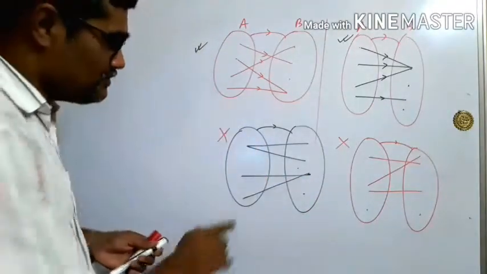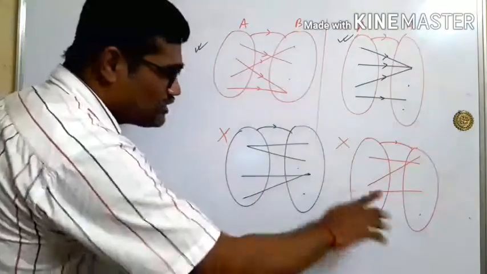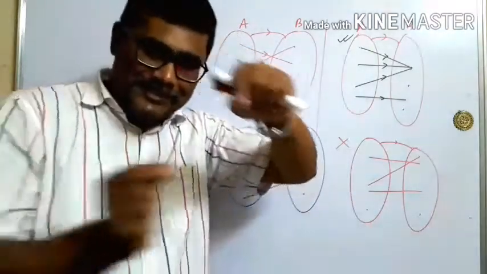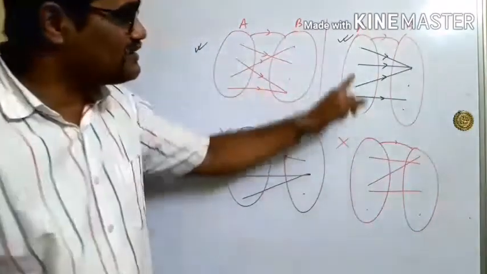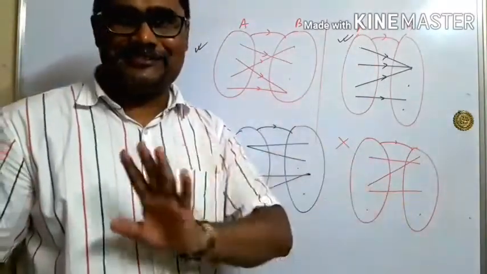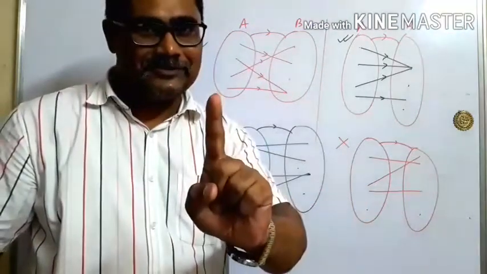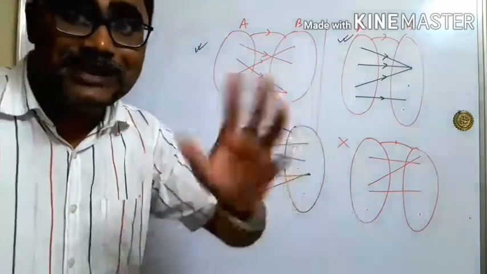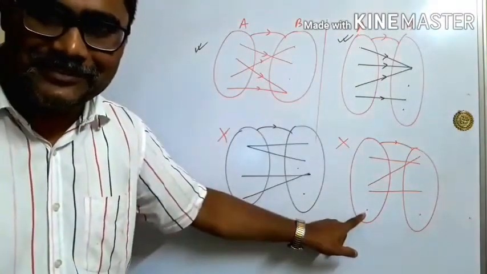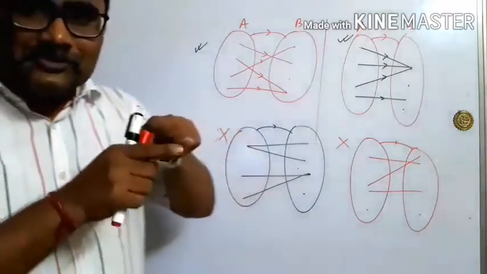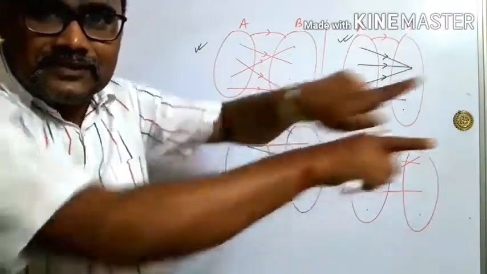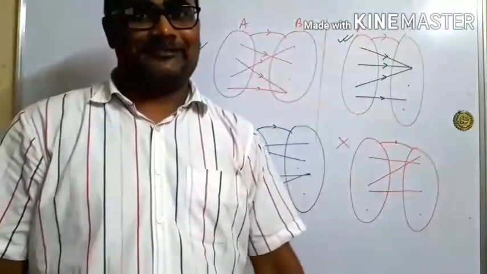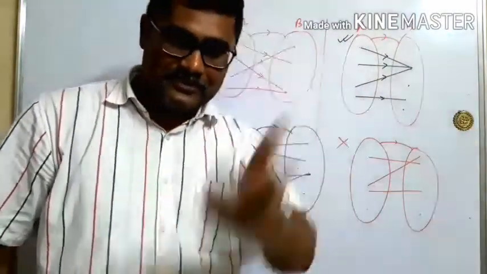Divergent arrowhead means from one point more arrowheads going out. If from 2 points convergent arrowheads are going like this, it's a criterion of a function. That's not a problem. So what you have to see: on the left side no element should be left out, no dot should be left out, and then all arrows should be convergent. If divergent arrowheads exist, even one, then it will not be a function. So that's the idea by which the arrow diagram helps us, right?